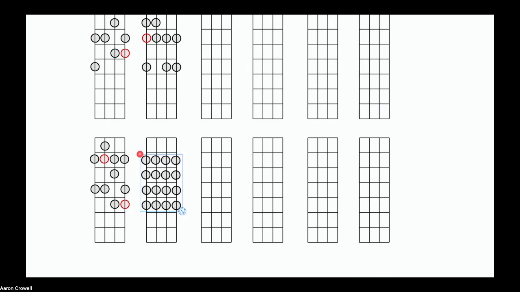We're going to go here. Now again, we're focusing on the root being on the 3rd fret, right? So we're going to go ahead and color those in right now. Root and root. Now, because we're here, we can get rid of this, because we don't have that flat 7.